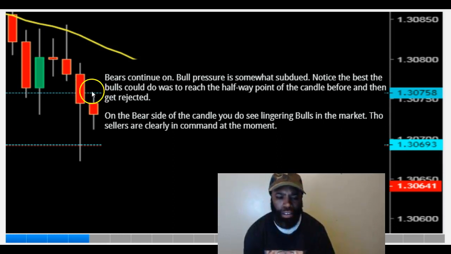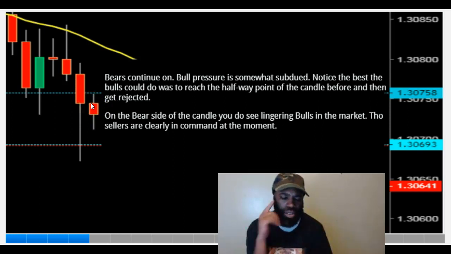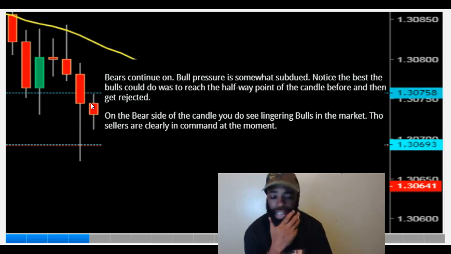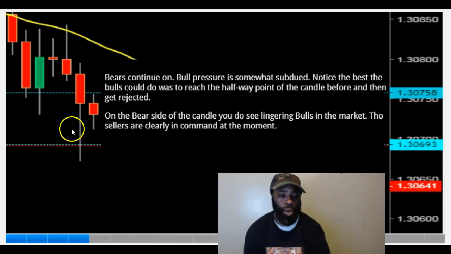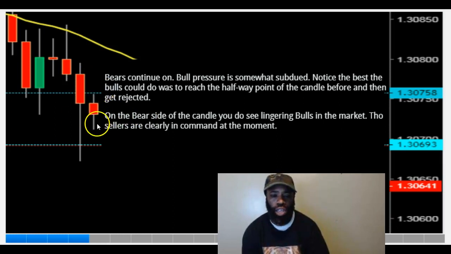Why is that significant? Because a lot of times these halfway points are magical numbers. They line up a lot of times with other numbers in the market that are deemed magical, and so a lot of times traders will watch that, especially if you see the market, as it did here, bull up, and it can't make it past the halfway mark of a candle, and it gets rejected.